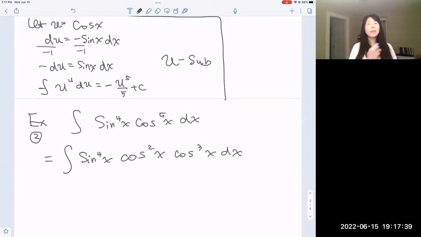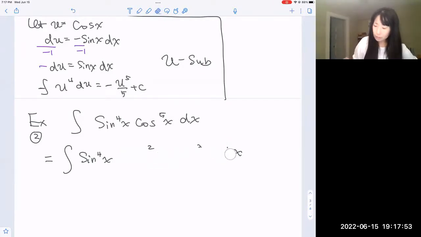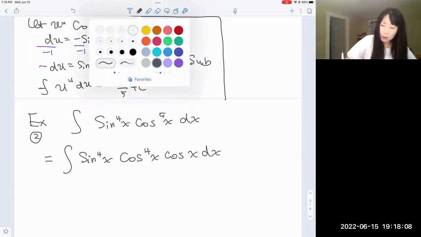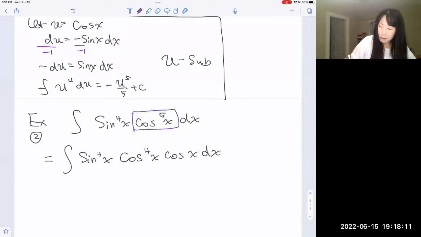But then look, instead of this one, I want to do it this way. I want to do cosine fourth power cosine x dx. So we split this way first.